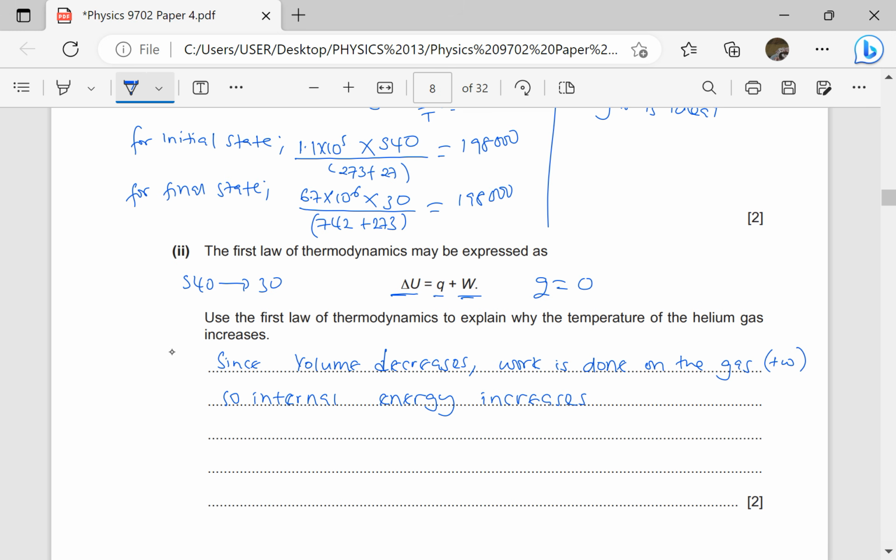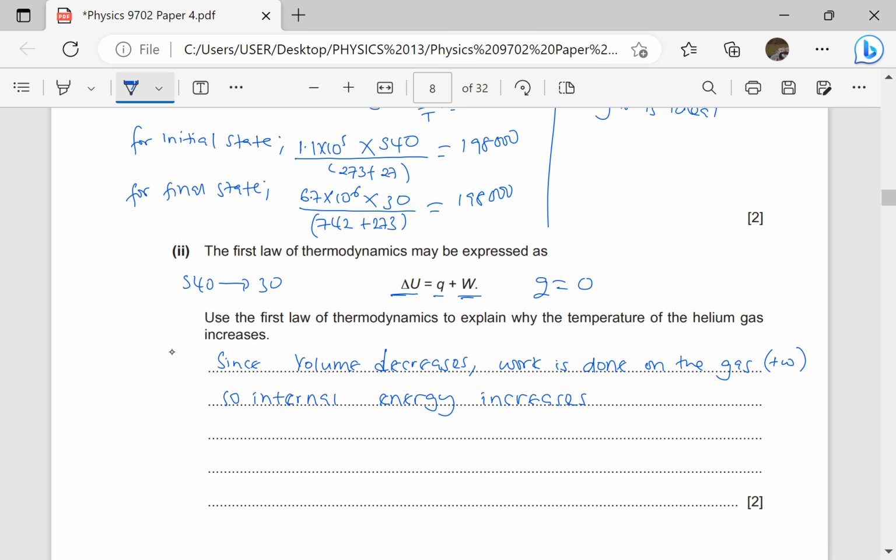I want you to remember, for an ideal gas, internal energy is the sum of the random distribution of the kinetic energy of all the molecules that make up the ideal gas. The potential energy component of internal energy is zero. So it means internal energy is directly proportional to the total kinetic energy of the molecules.